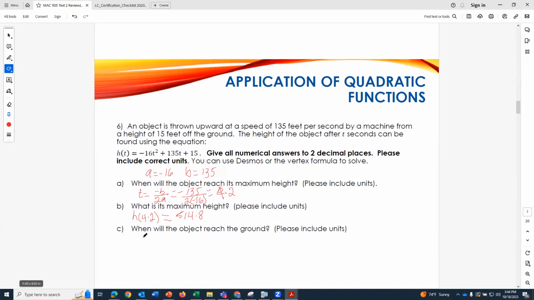And now, when the object will reach the ground, h of t should be 0 at this time. That means negative 16t squared plus 135t plus 15 equals 0.